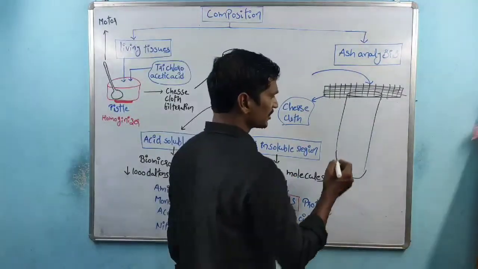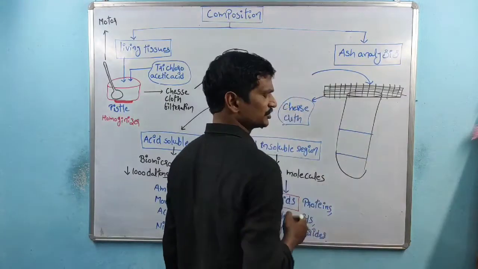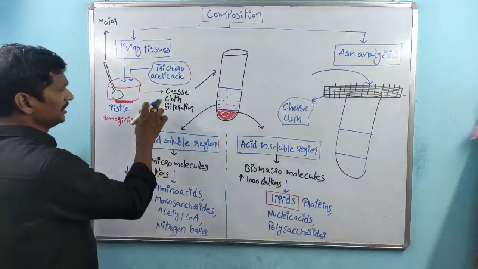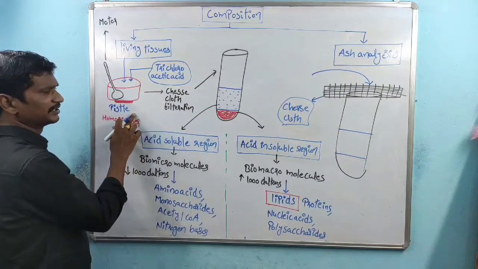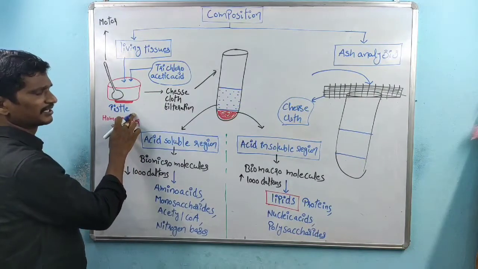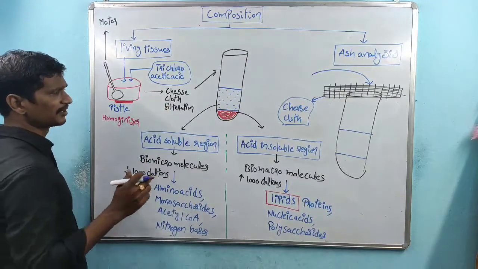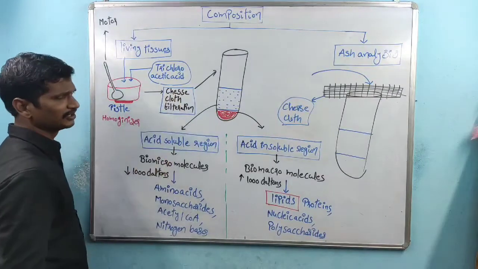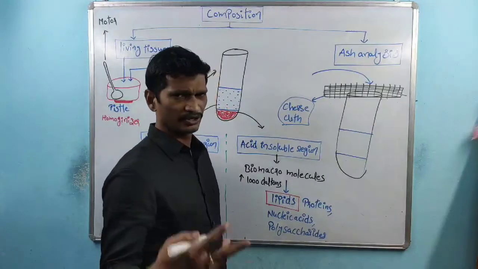After that filtration process, within the tissue we have two zones here. Presence of trichloroacetic acid, grinding process, and after completion of grinding, we subject it to filtration, done by the cheesecloth. After filtration, we got two zones.